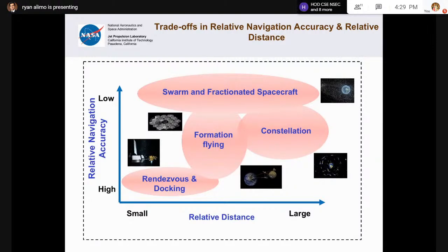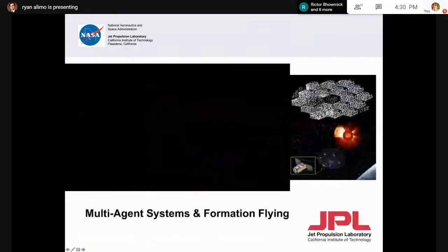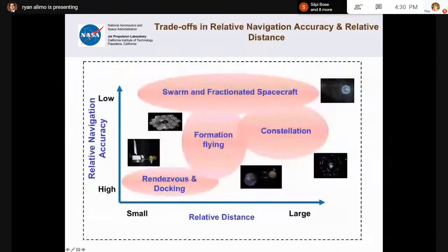If you want to do docking and rendezvous, you need very high precision, and the distances are low. In formation flying, the distance between two objects, the agents, is going to be about a kilometer or hundreds of meters.